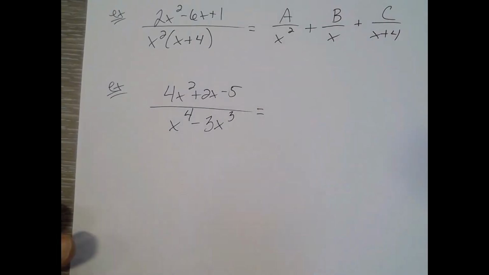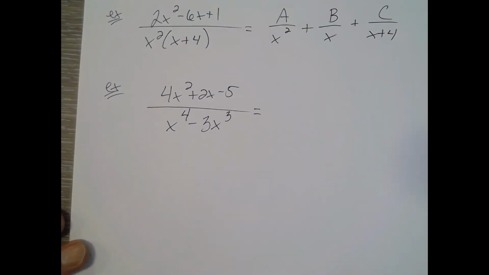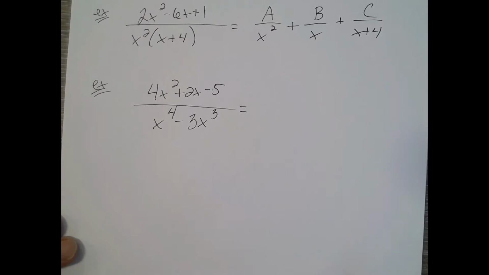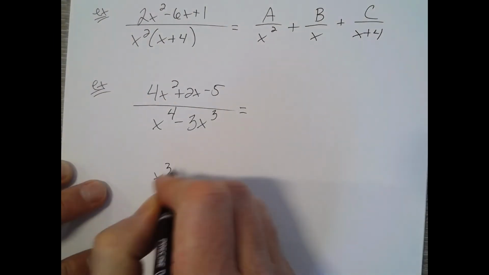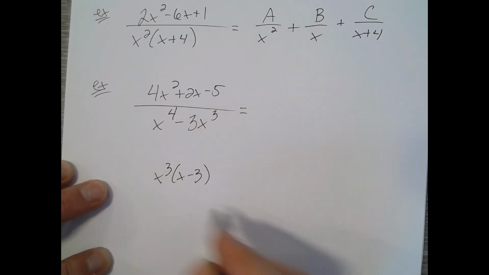So just set it up and then try multiplying both sides by the denominator. You don't have to do the solving of the system. Just maybe do the first couple steps of this one. All right, so factoring out x cubed, I'm left with x minus 3 in the bottom.